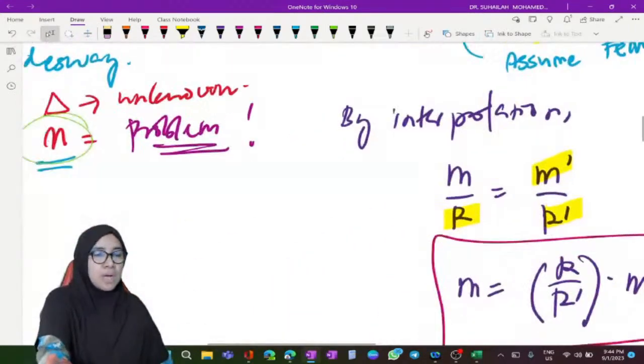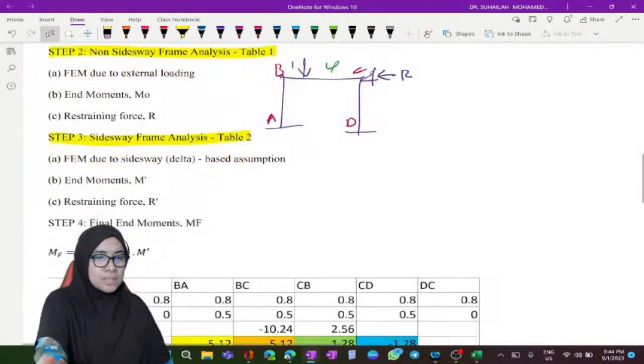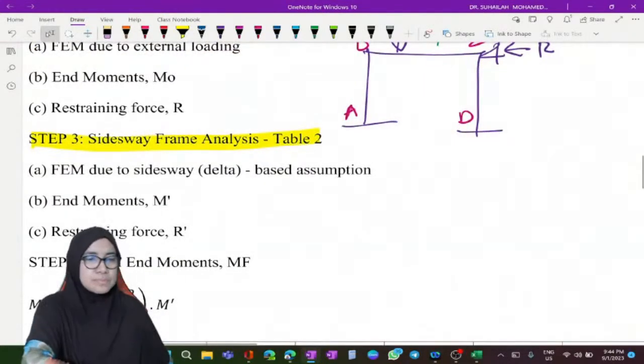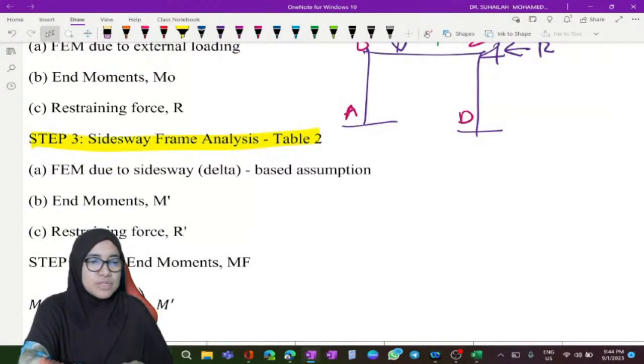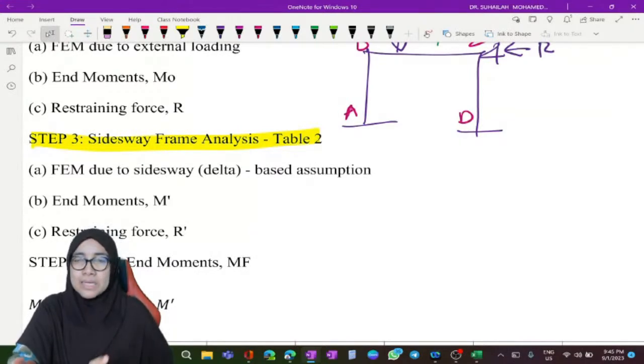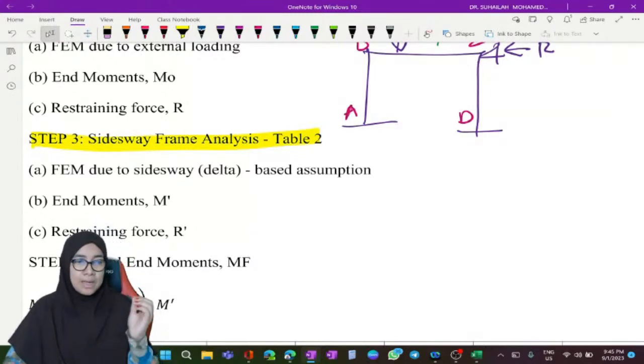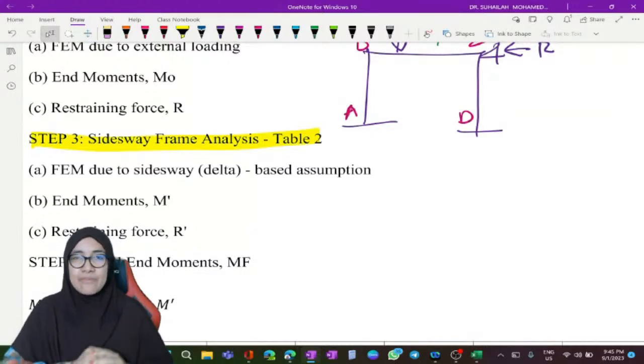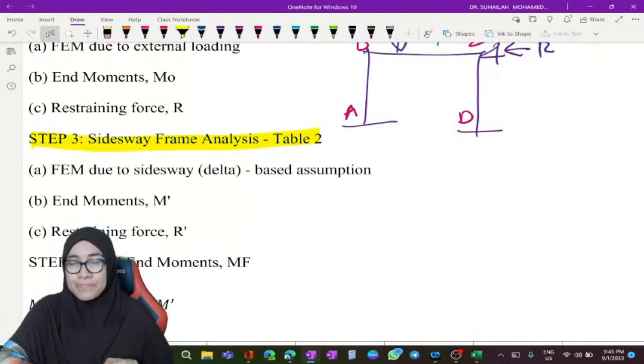Looking back to the summary of the procedure, we are now analyzing sidesway frame analysis, for table number 2. Step A3, FEM, we have to assume, based on assumption.